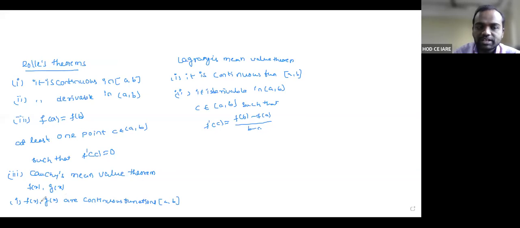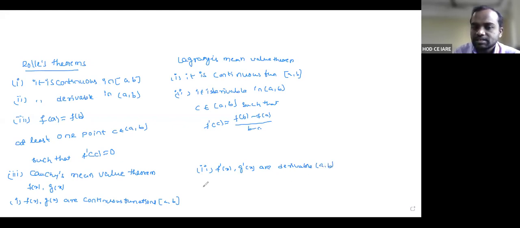The second condition: f dash of x and g dash of x are derivable in the open interval a comma b.